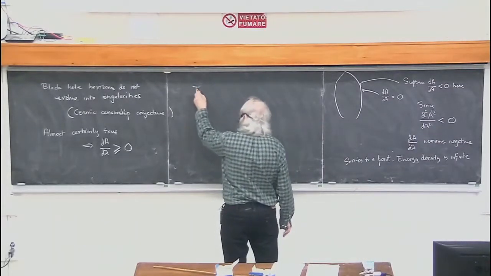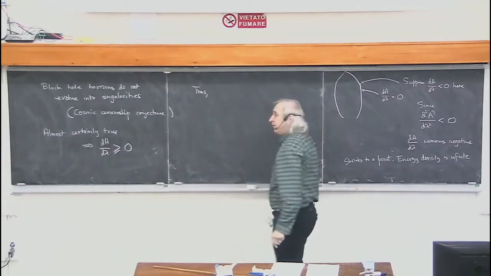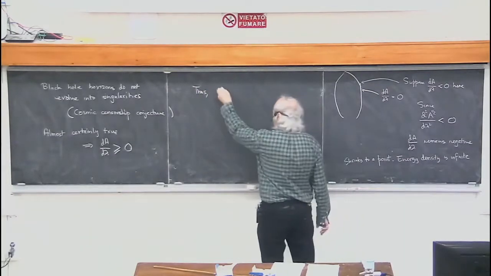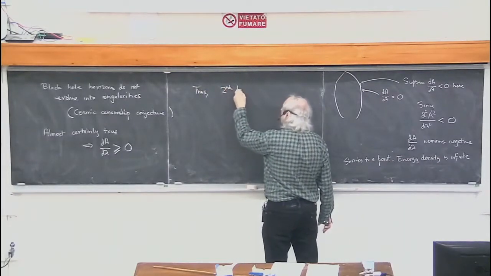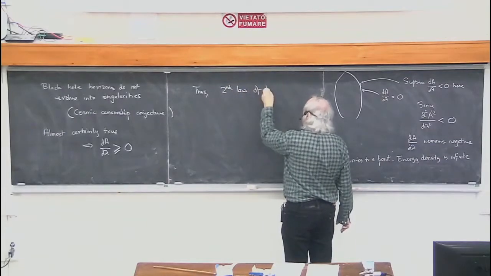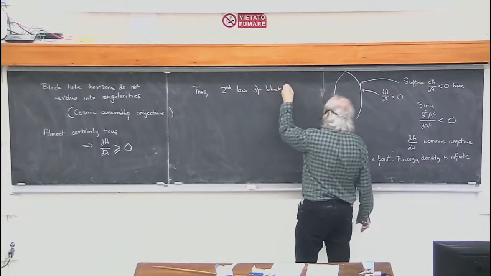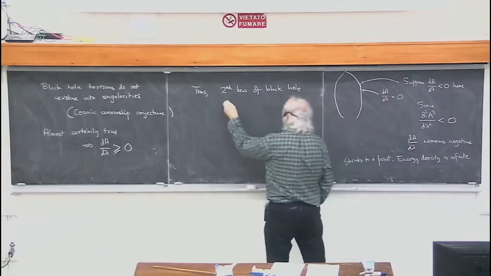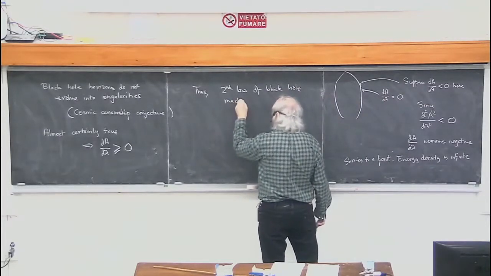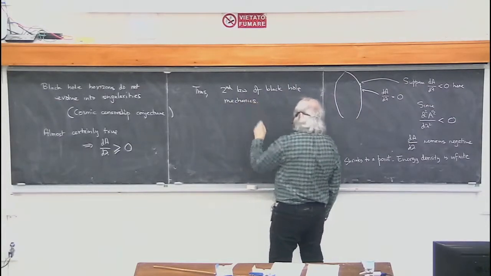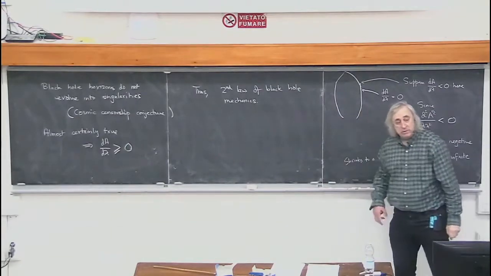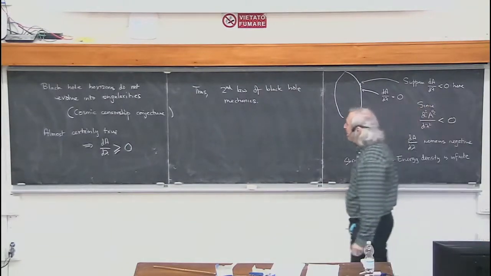Thus, we can now state the second law of black hole mechanics. The area of the event horizon increases or stays the same.